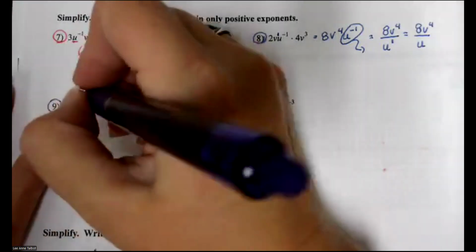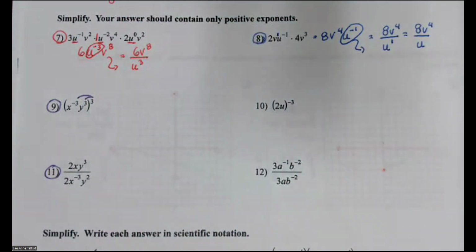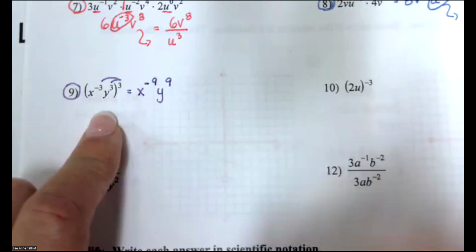First thing I'm going to do is sort of distribute this exponent, and you can't really, again, it's the wrong word, but it makes the most sense to say distribute. So when you distribute its multiplication, this is x to the negative 9, y to the positive 9.